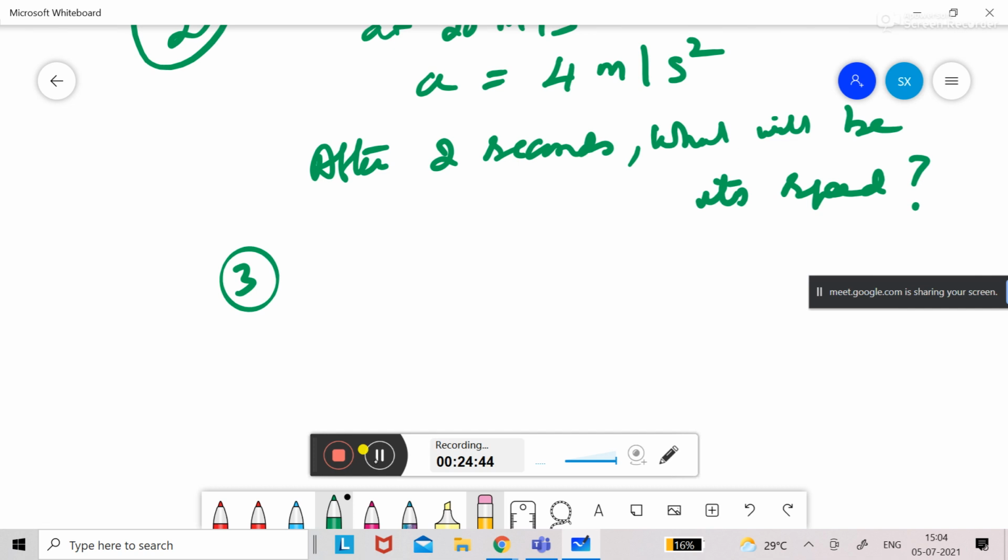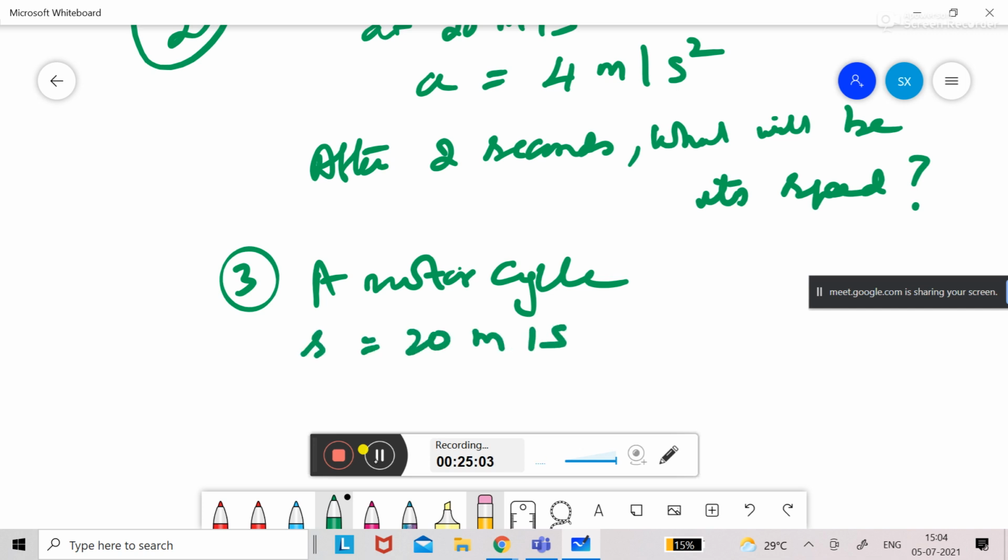It's very easy. Okay? Now, a motorcycle is being driven at the speed of 20 meter per second.